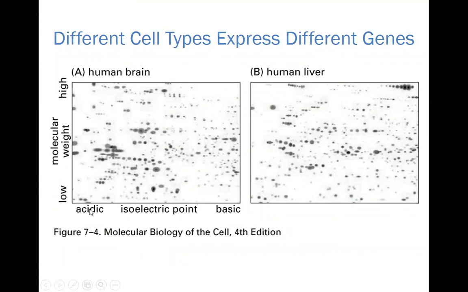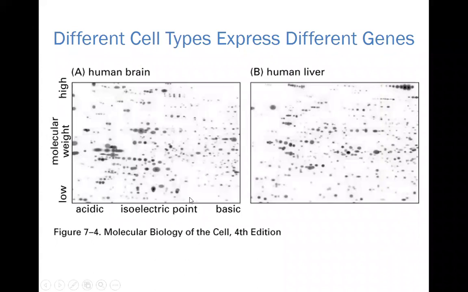We then separate them first by their charge, basically. Depending on their amino acid composition, they will be more positively or negatively charged, and we can separate them by their charge. After we've done that, we separate them by their size.